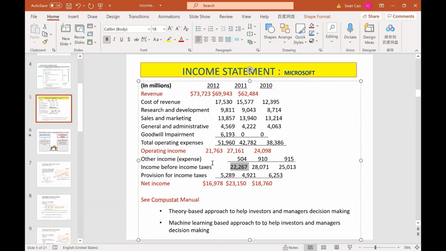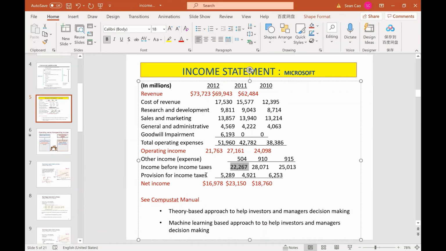Let's say the company is earning $22,260. That's constant. Do you want the number to come all from the company's primary business operating income, or from the company's side business, like renting out a facility or stock investment? Which one do you prefer? I'm sure you guys have the answer.